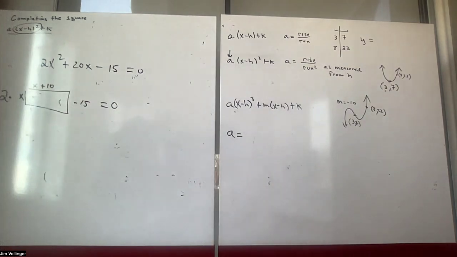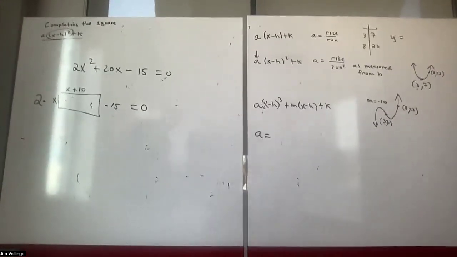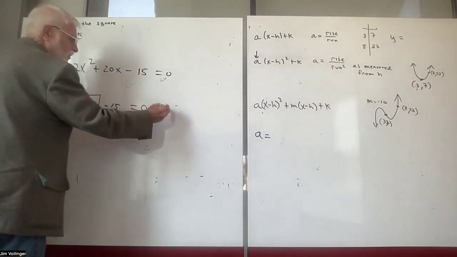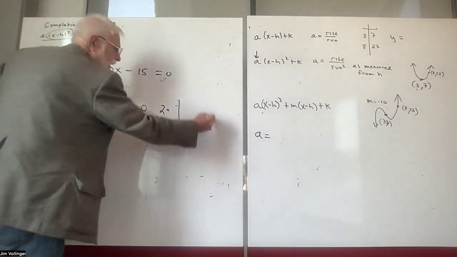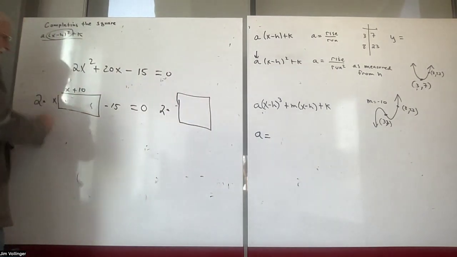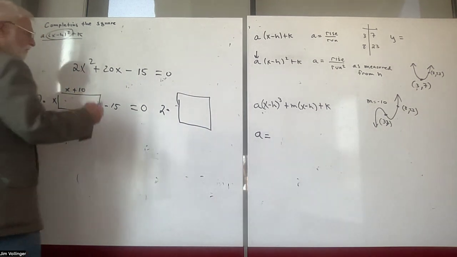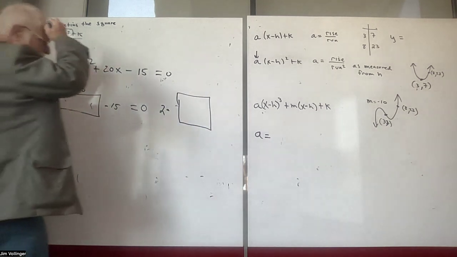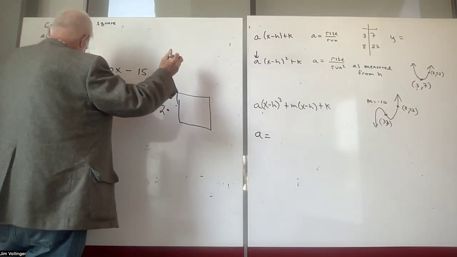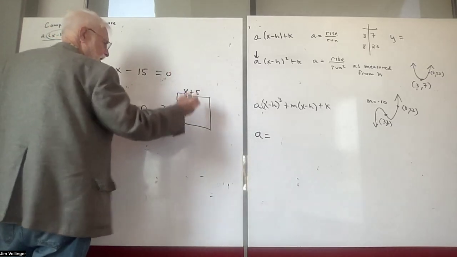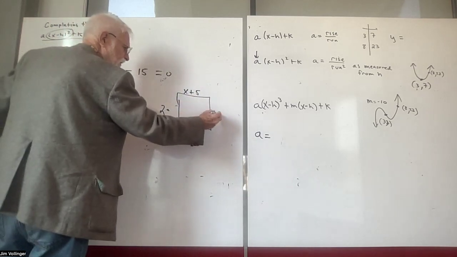You can. Yeah, I captured everything. All right, we reconfigure this to be 2 times. Now we make a square out of this. And so we've got a 0 and a -10. So -5 is what's important. So this is x plus 5. And I'll have to put x plus 5 here.